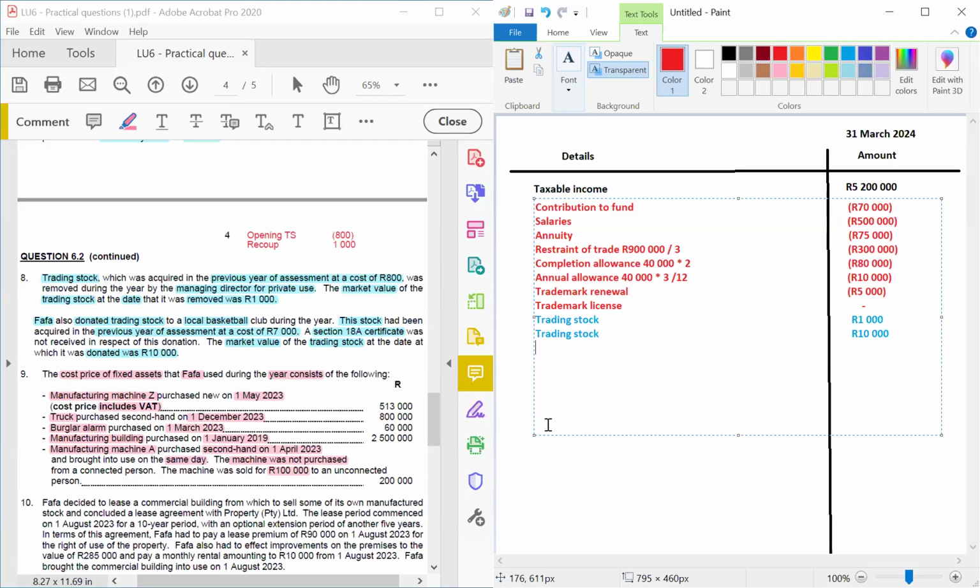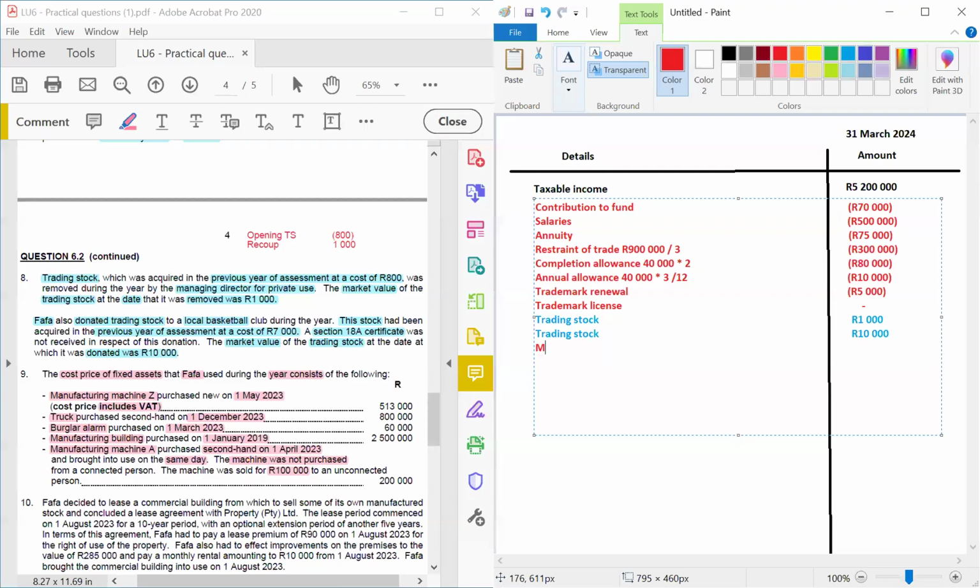So the allowances would be 40% in the first year, and then in the subsequent 3 years, it would be 20%. Now, if it is second hand, it will be only the 20%. So now that's just a brief summary.